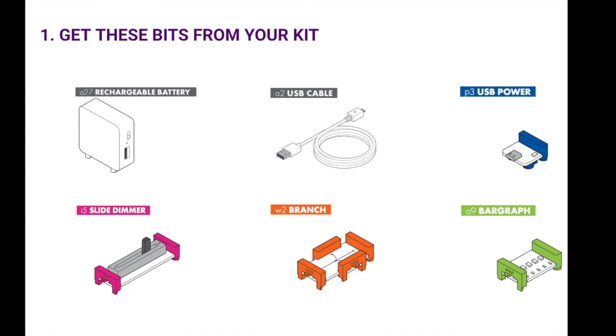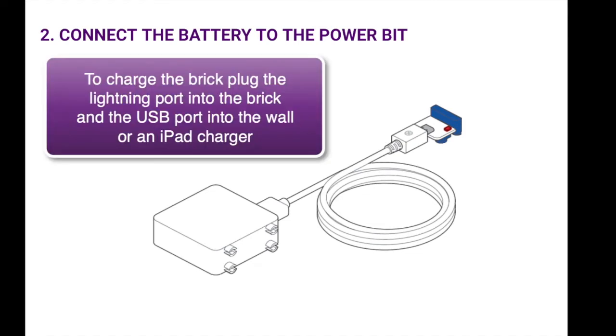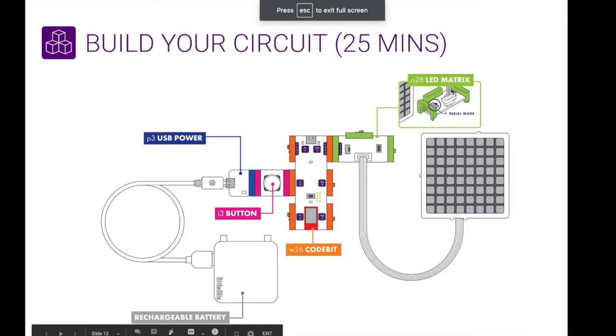So you can have someone in charge of getting your bits. Then connect the battery to the power bit. If the battery needs charged, instead of connecting it to the power bit, you will put the lightning end in the brick and the USB end into a wall outlet or an iPad charger. Now we're going to take a look at the circuit.